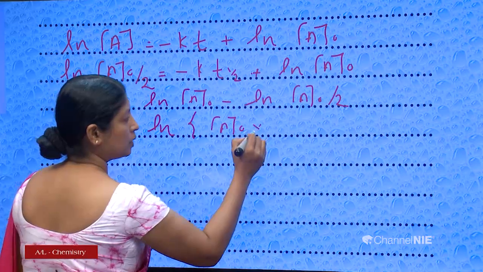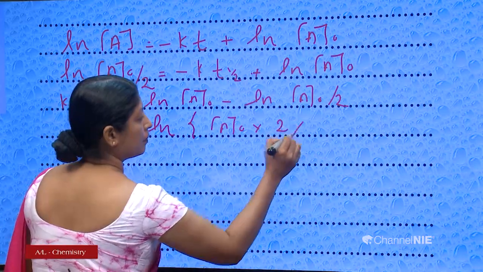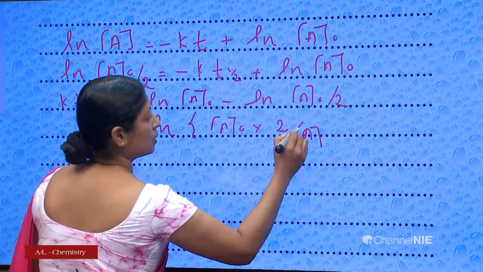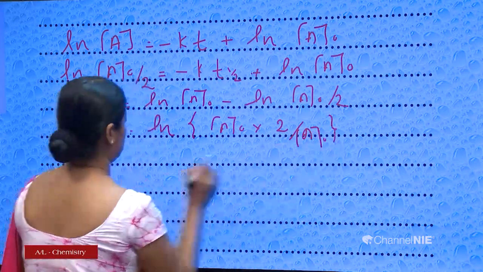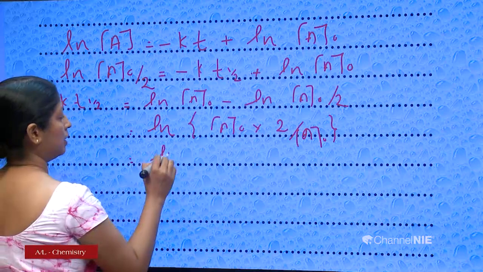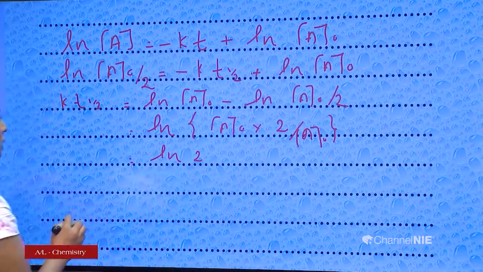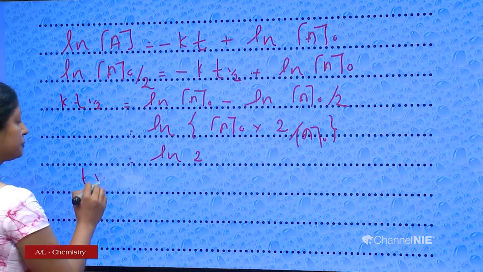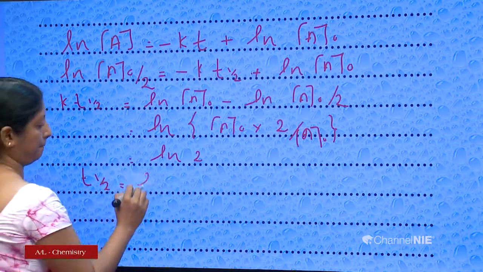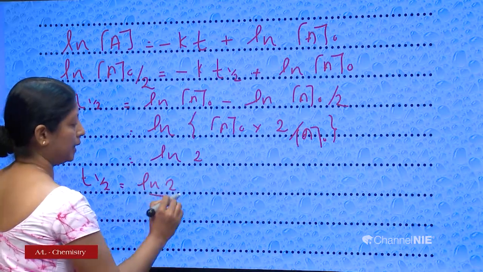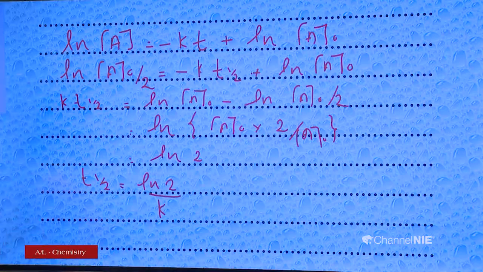Subtraction means the division of log. So, this we can write as ln 2, then half life equals ln 2 over k. That is how you get that expression.